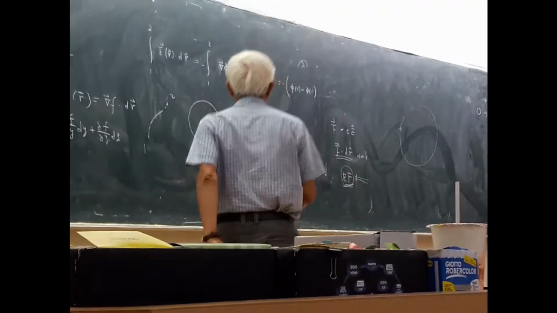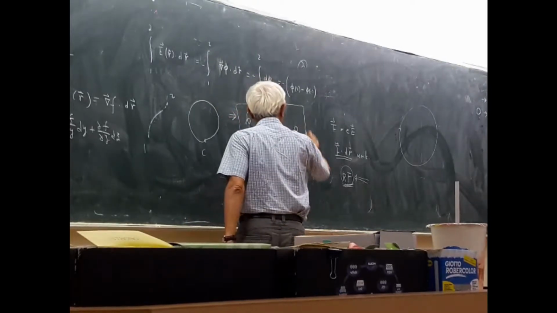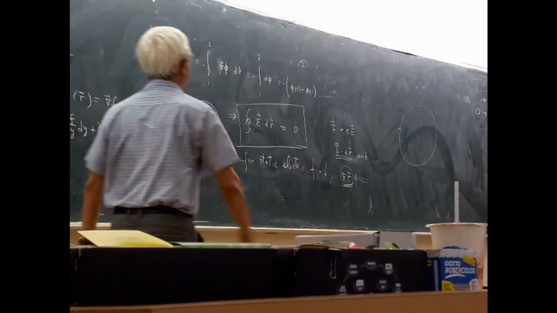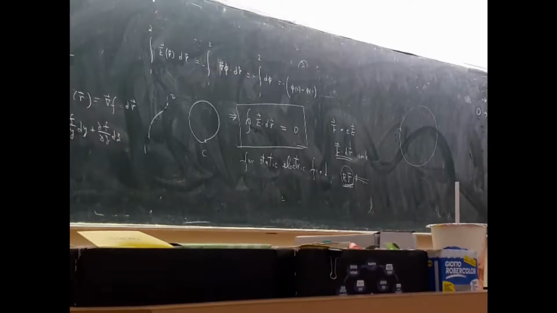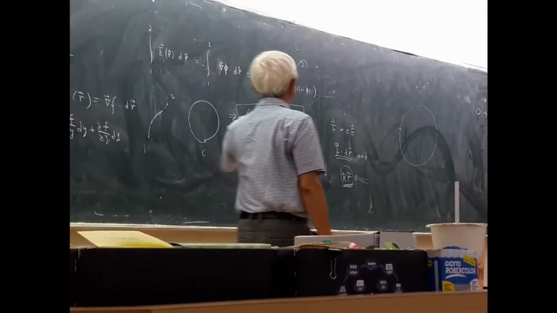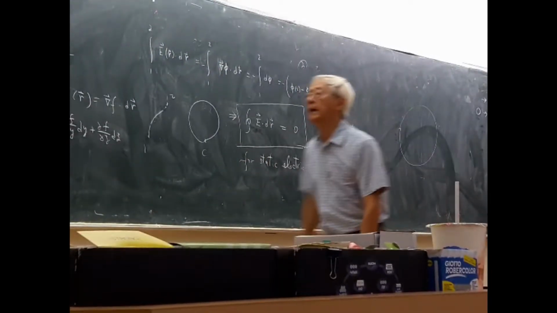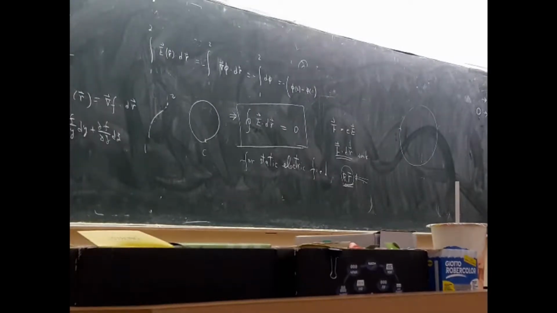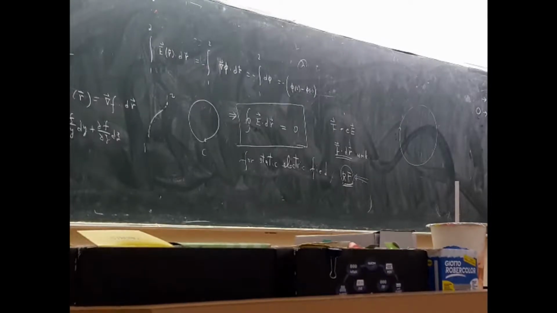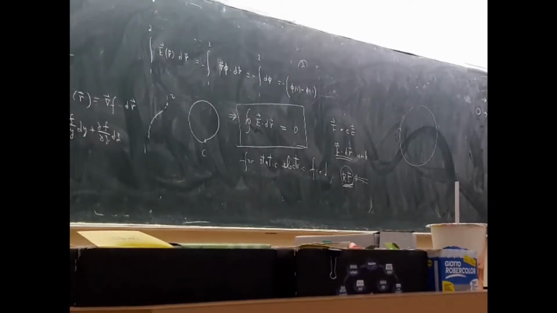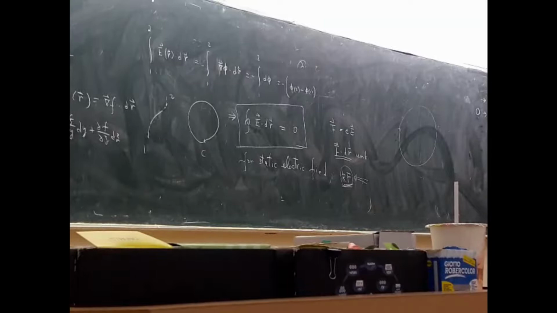So the point is, this is 0 for a static field. This is related to the fact that E can be written as a gradient field. A direct calculation means curl E. What is curl E?